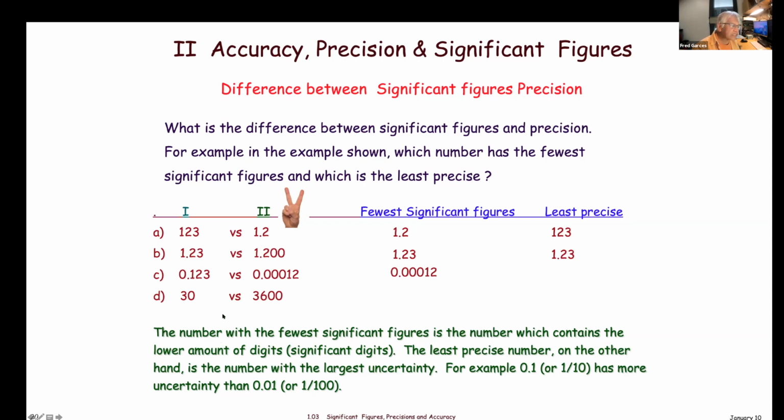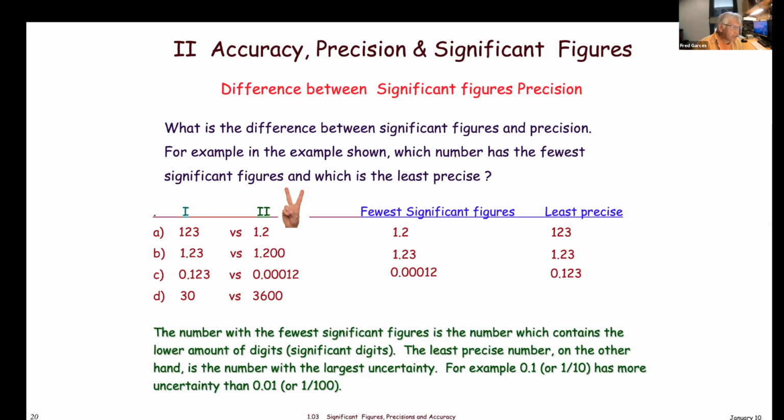Which one is least precise? Well, this thing goes all the way to 5 places past the decimal. This only goes to 3. So the least precise is 0.123. Know the difference between significant figures and precision. Precision measures things past the decimal. Significant figures tells you which of the digits have meaning. Let's take a look at the last one.